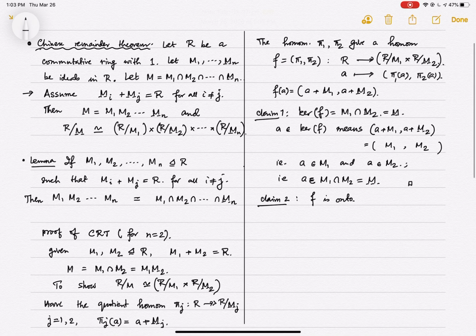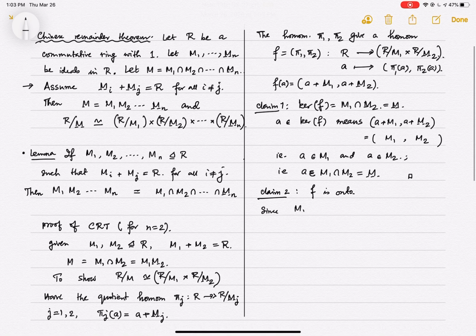So again, since M1 plus M2 is R, we can write 1, which is an element of R, as a thing from M1 plus a thing from M2, for some m1 in capital M1 and m2 in capital M2.